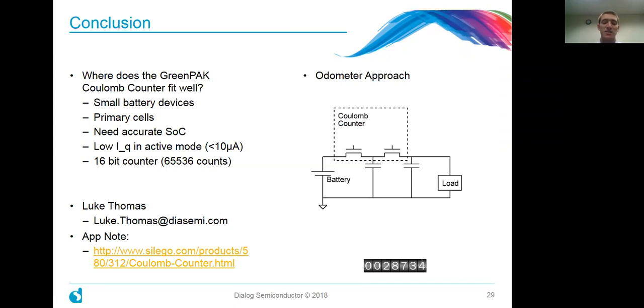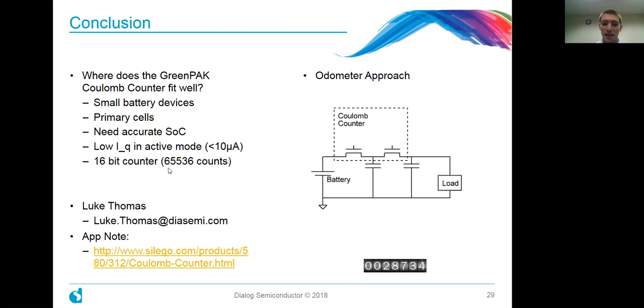And then it has an extremely low I sub Q in active mode. So as it's measuring the current consumption of your load, whether that load is in the milliamps or the microamps, the Coulomb counter is not going to be loading down your system and wasting your battery current. It's actually fairly less than 10 microamps, around 2 to 3 microamps, to run this entire system and to accurately count for 16 bits.